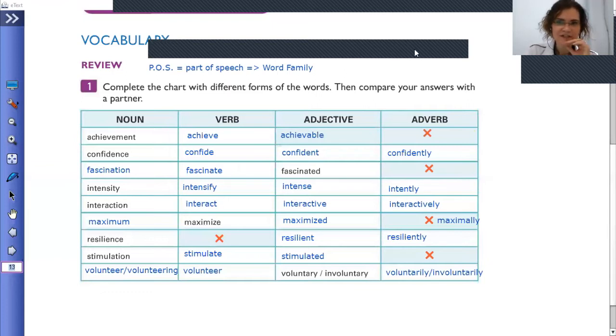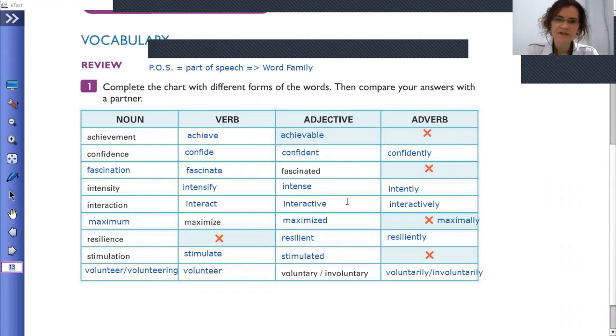Okay. Any questions? No? Remember that this is POS, part of speech, which is a word family, meaning these words are all connected, like when we have the word intensity, intensify, intense, and intently. This is a word family. The base form of the word is intense. Yeah?